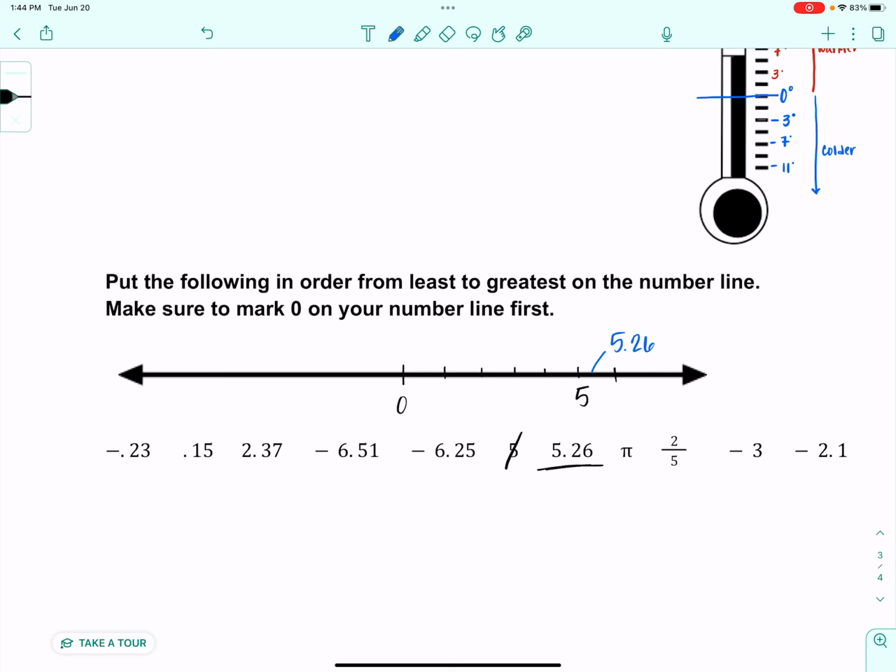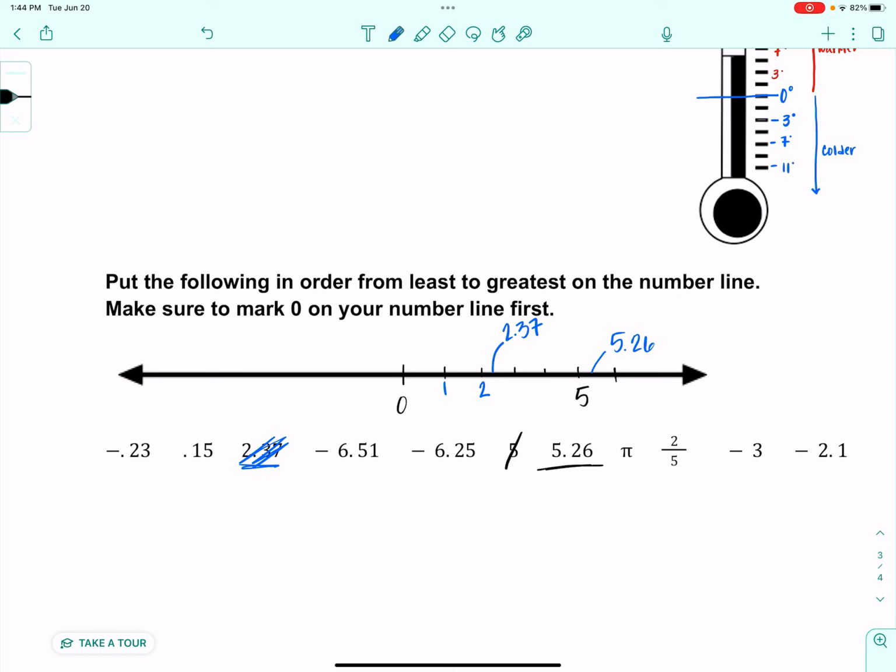Now, if I look at the rest of my positives, I can guess about where 2.37 would go. Here's 1, 2. So 2.37 would be about in here. So I took care of this one.